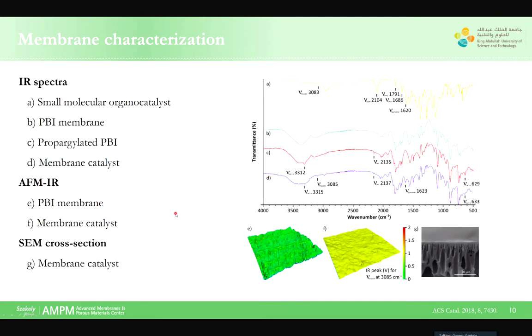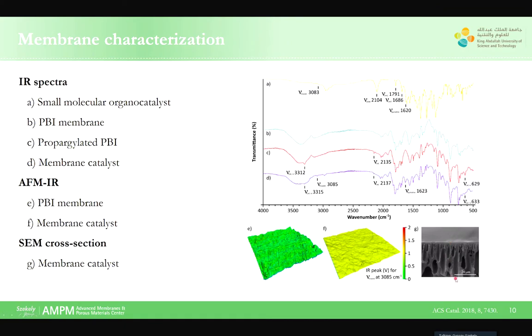Okay, so due to the lack of time, I'm not going to go through all of these slides in detail. Basically, what we did next is we focused on the characterization of the membrane in terms of chemistry and morphology. So you can see here that the membrane that we obtained is an integrally skinned asymmetric membrane. And the catalyst is basically incorporated into the membrane throughout the surface and the cross section.